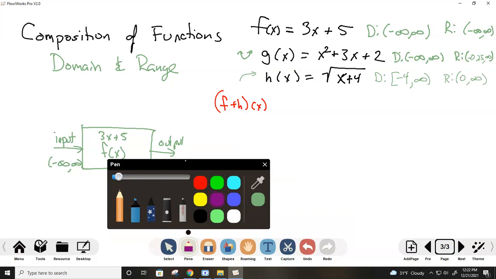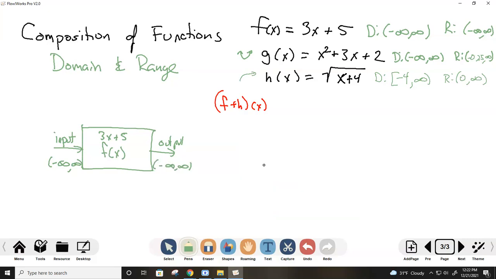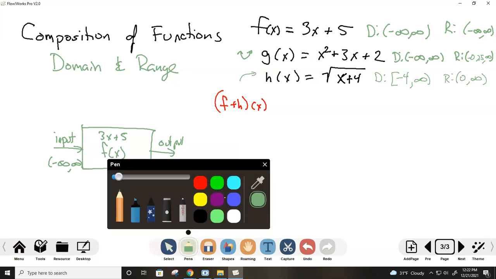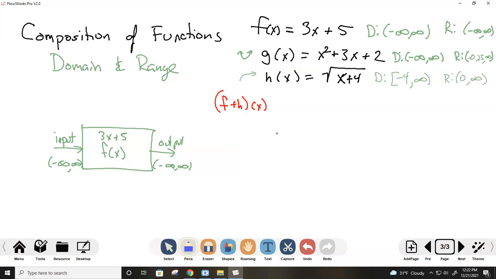So we take a look at f of x. I have my function h of x. Remember what you're doing.